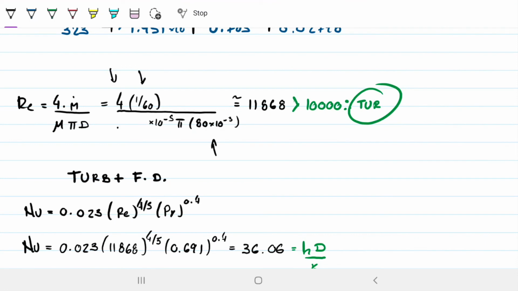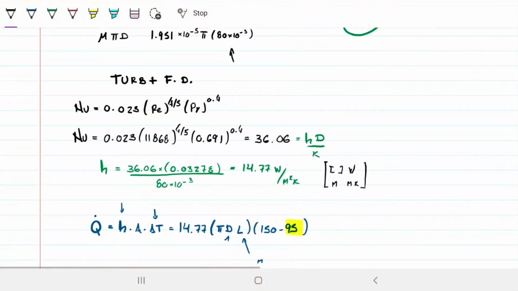What changes is this guy. So this is 1.951, which gives me approximately 13,596.01427. So let's just go and keep it at 13,596. Good enough for me. That's all still turbulent, so nothing changes in that regard. Still fully developed in turbulence.